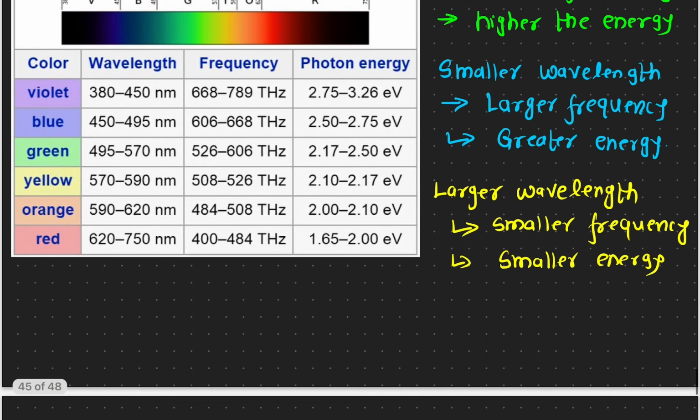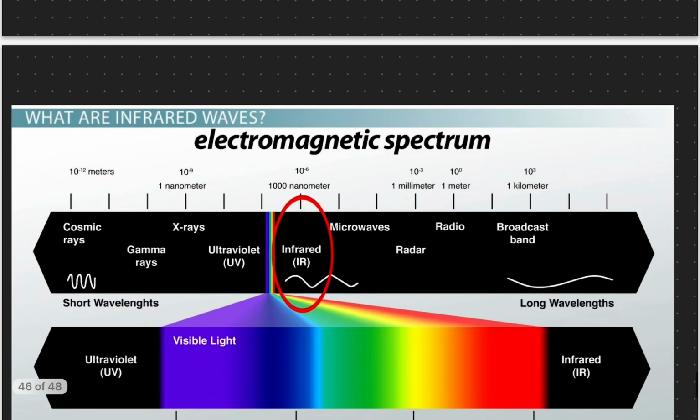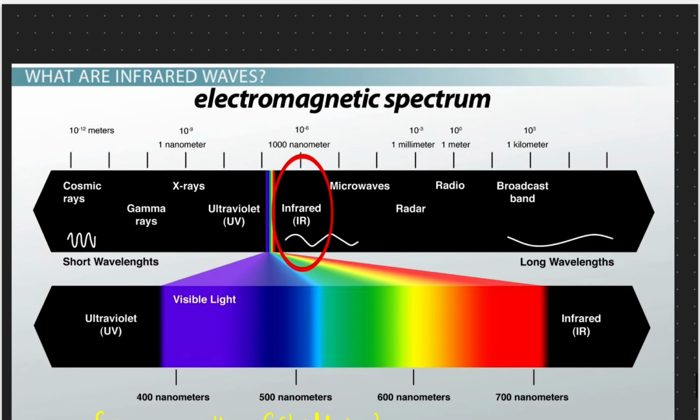All right. Now if I compare the visible light and the infrared, for example, this is the entire electromagnetic spectrum here. Our eyes are sensitive only to this narrow band of the spectrum, that's the visible range.